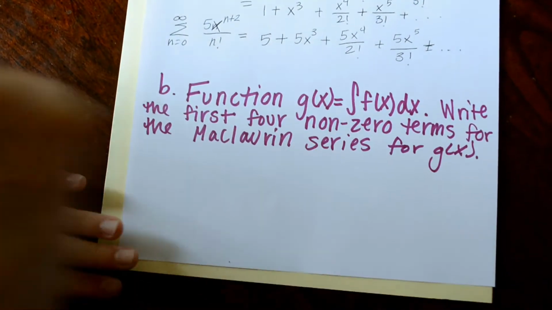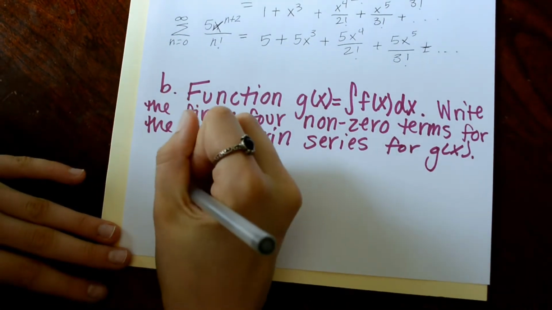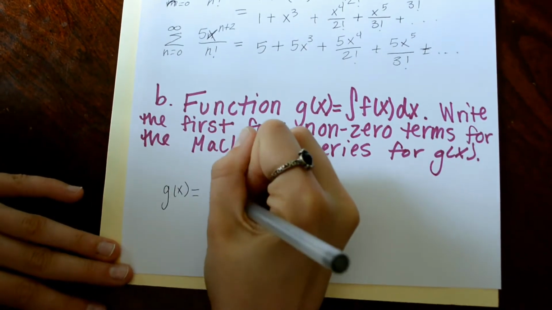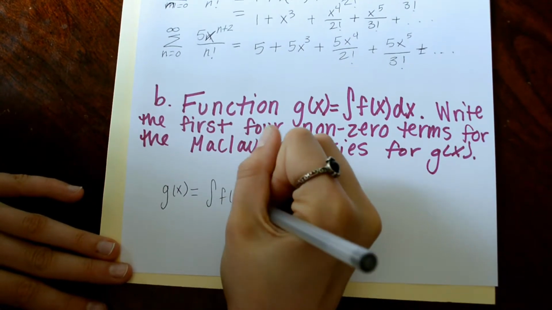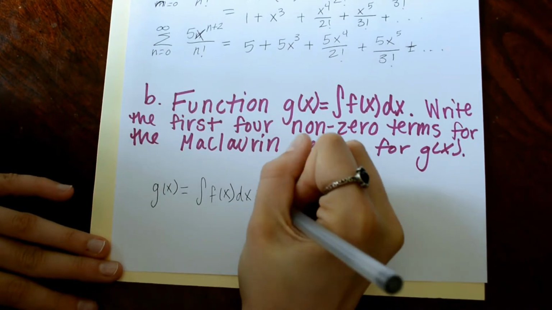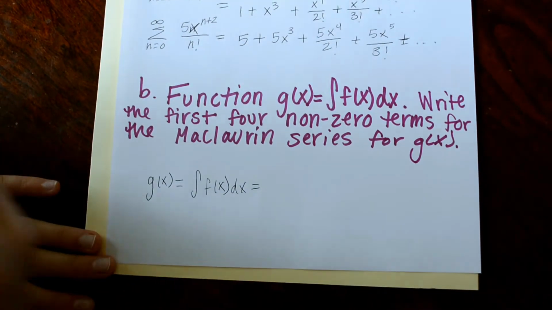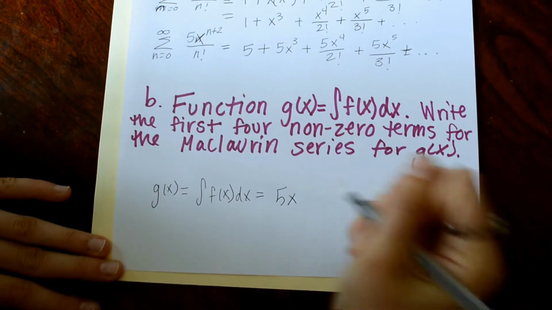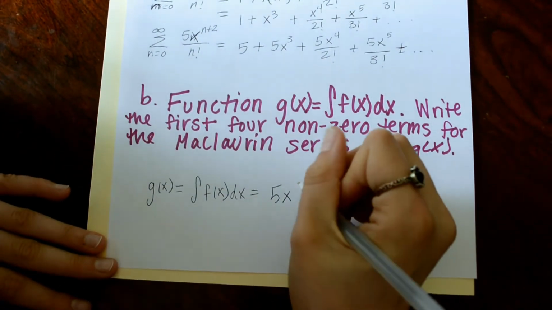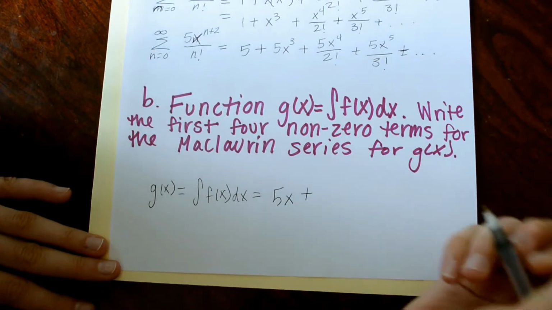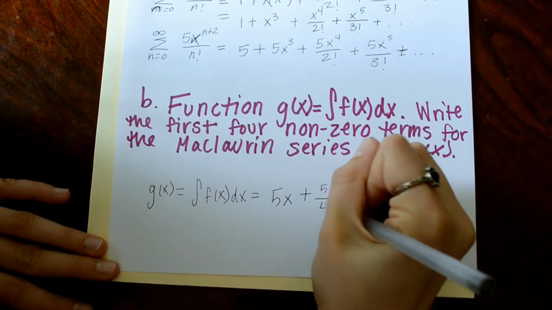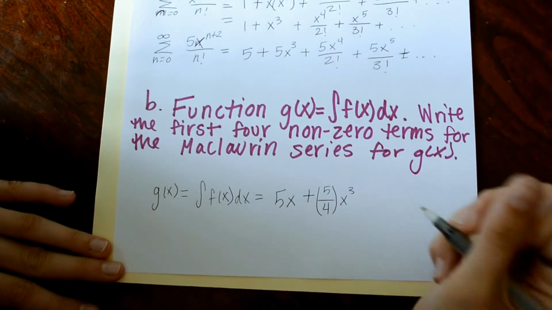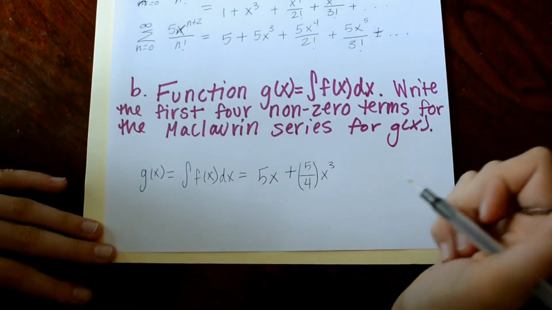So you would write g of x, which equals the integral of f of x dx equals, the integral of 5 would be 5x, and then you take the integral of the next one, which would be 5/4 x cubed, and I'll put parentheses around it because fractions are confusing.